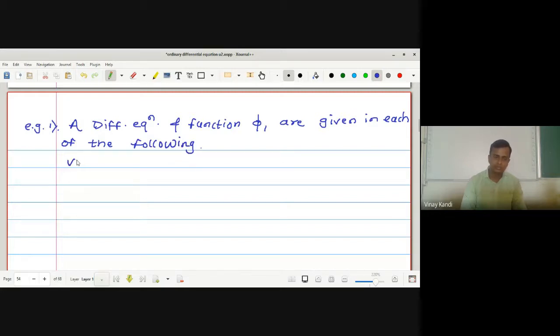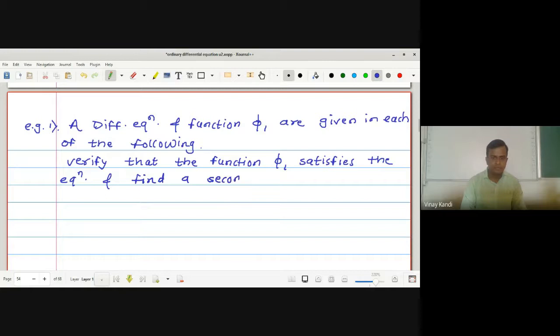Verify that the function phi 1 satisfies the equation and find a second independent solution.